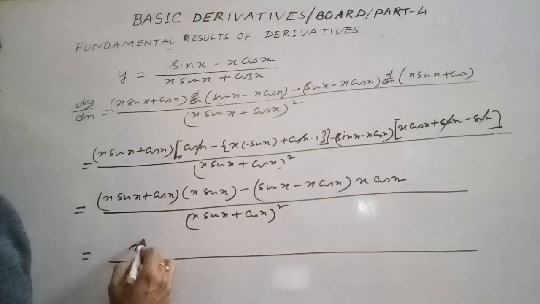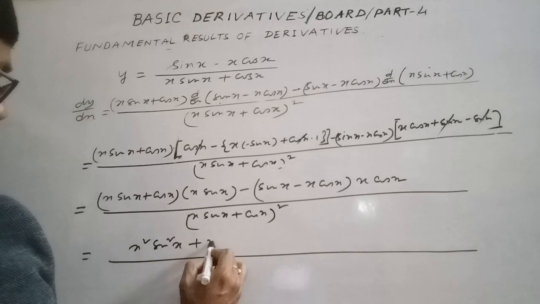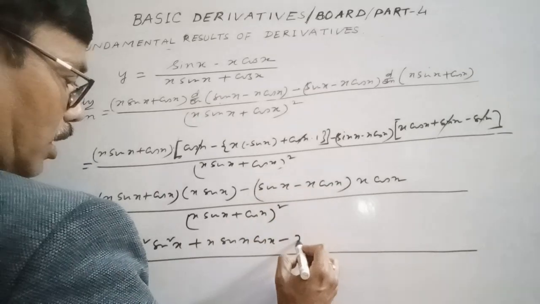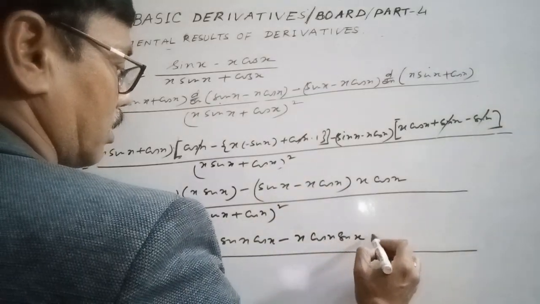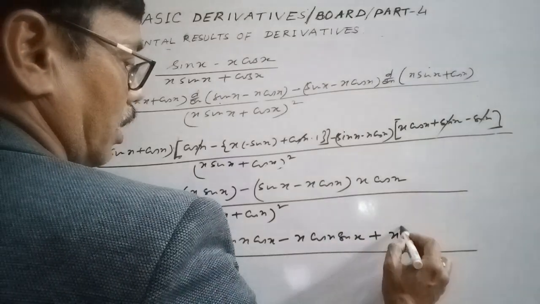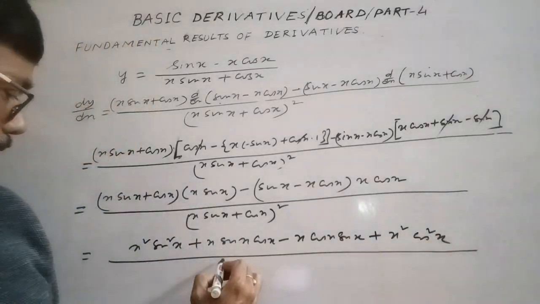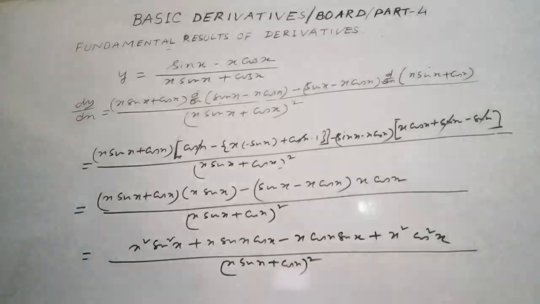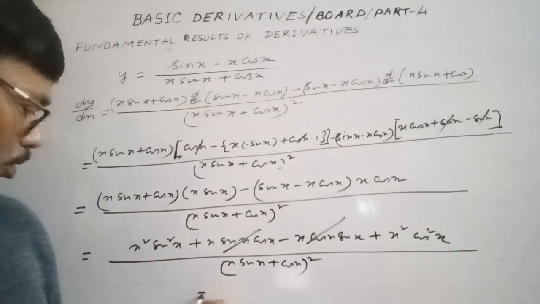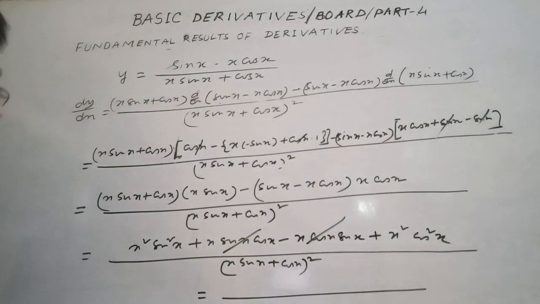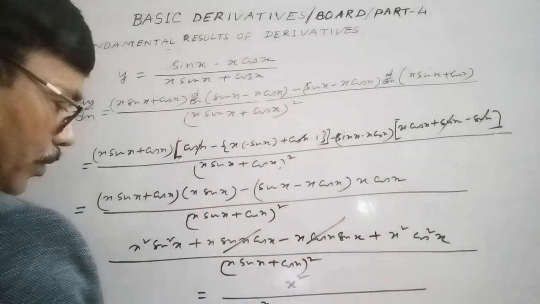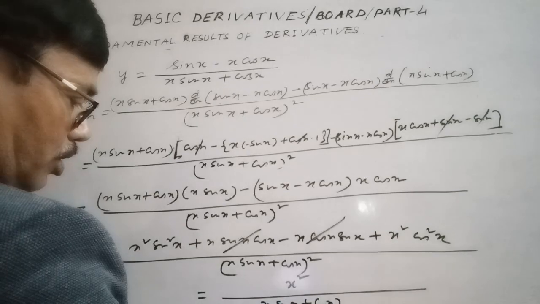Look, x square sin square x, x sin x cos x minus x sin x cos x, plus x square cos square x, over (x sin x plus cos x) whole square. So this one cancels. So finally, x square common, sin square x plus cos square x, so this is 1 and denominator unchanged.